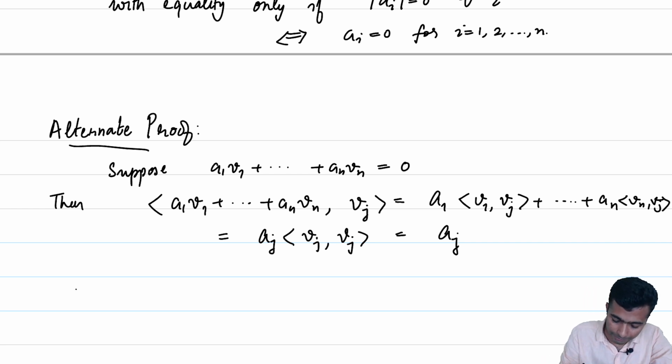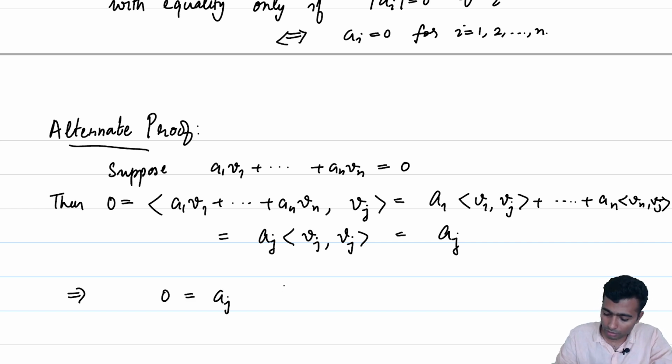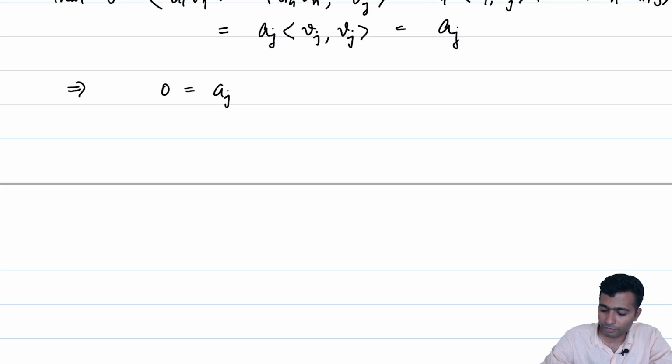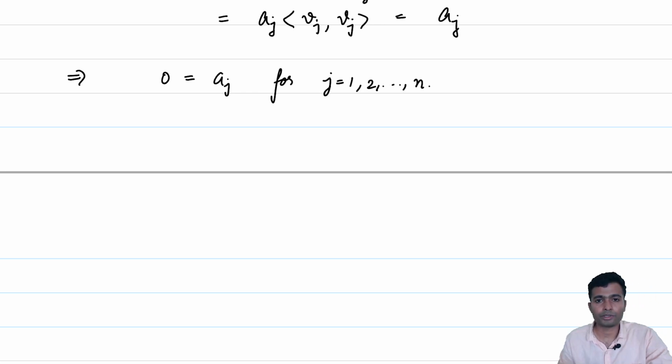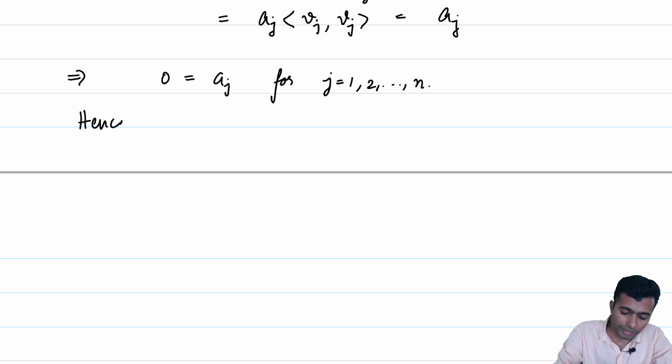So this implies 0 is equal to aj, and if you do it for j equal to 1, 2, 3 up to n, we conclude that each of the aj's is forced to be 0, and hence v1 to vn are linearly independent.